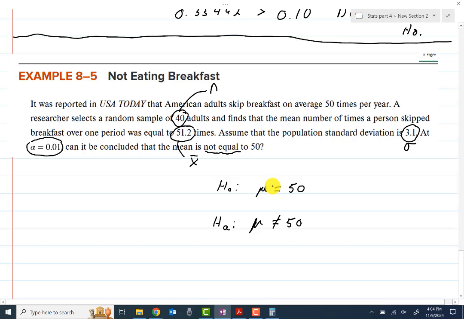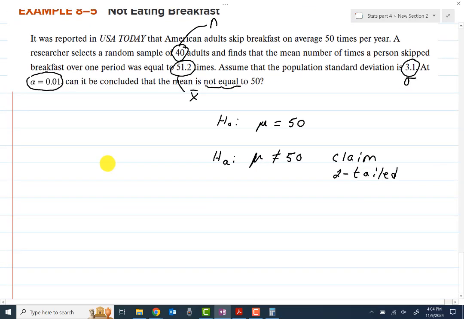So since we're testing, this is our claim, and this is actually called a two-sided test, or two-tailed test, better yet. We're going to be looking and considering that area inside of there.